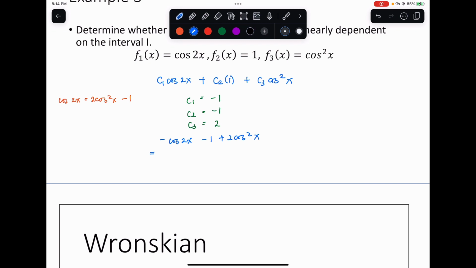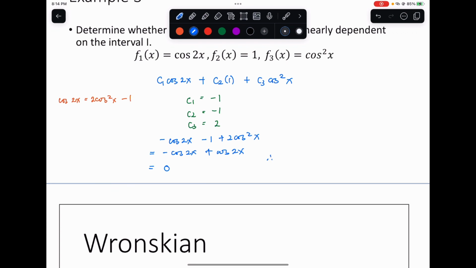So this is the same as negative cosine 2x. So interchange the 2: 2 cosine squared x minus 1 is the same as plus cosine 2x, thus making it equal to 0. Negative cosine 2x plus cosine 2x is equal to 0.